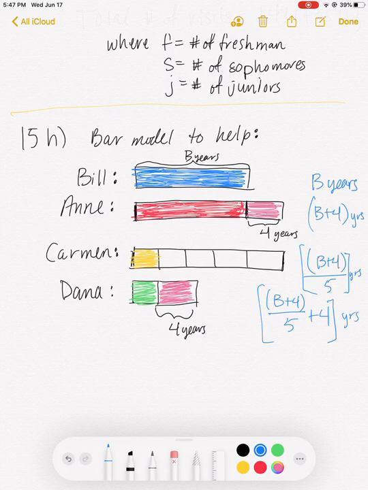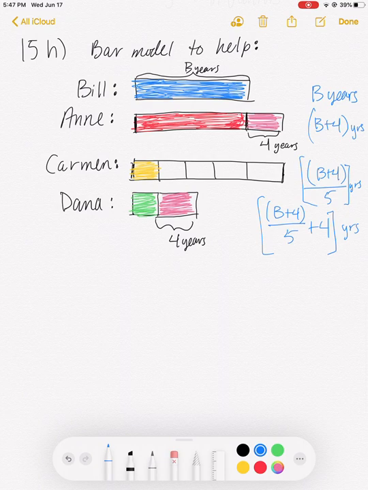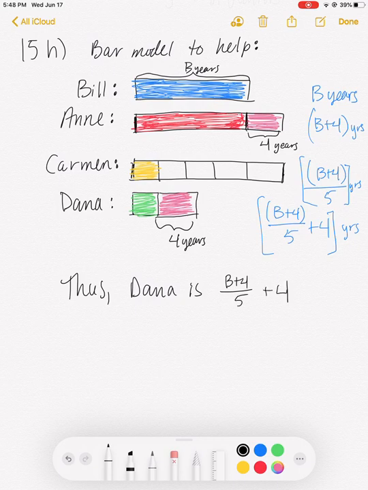So we can say in the end, thus Dana is B plus 4 over 5 plus 4 years old, where B is Bill's age.